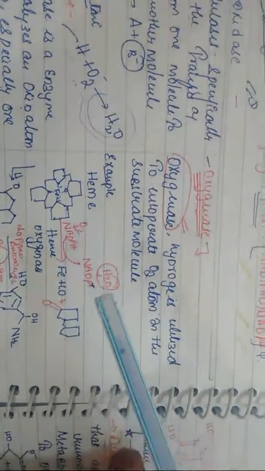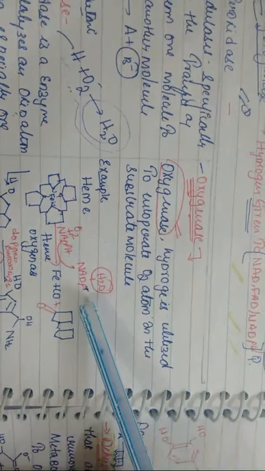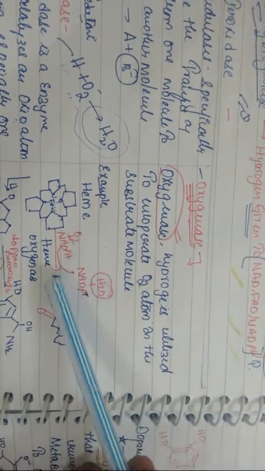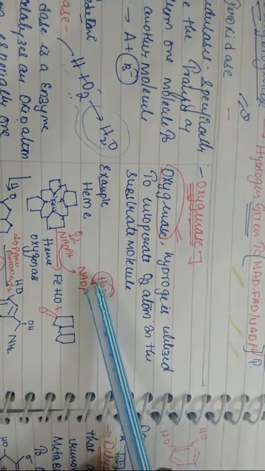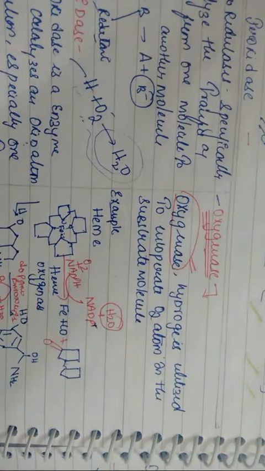When heme tries to incorporate the oxygen, it utilizes hydrogen from this NADPH and converts it into NADP. So the hydrogen is utilized to incorporate oxygen atom in the substrate molecule. There is an utilization of hydrogen, so it is taking the hydrogen. This equation comes under oxidoreductase, right? This is all you have to understand regarding the oxygenase.